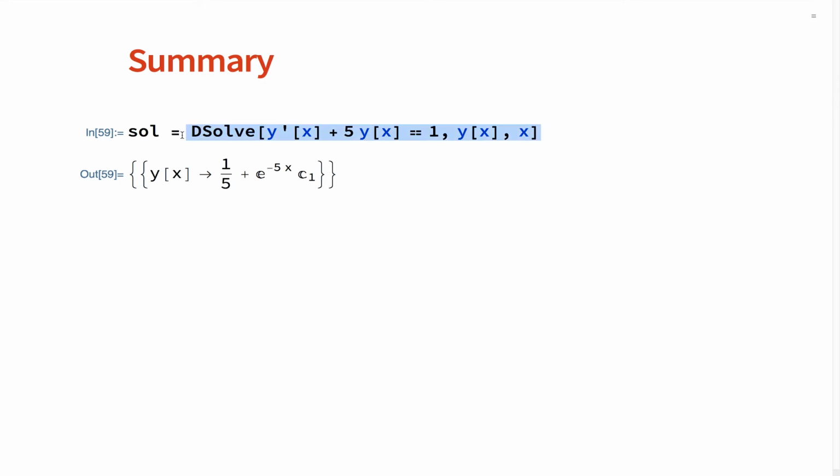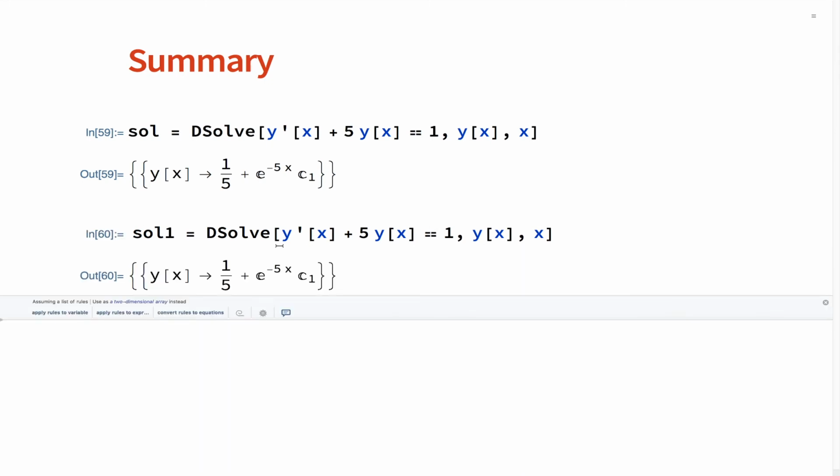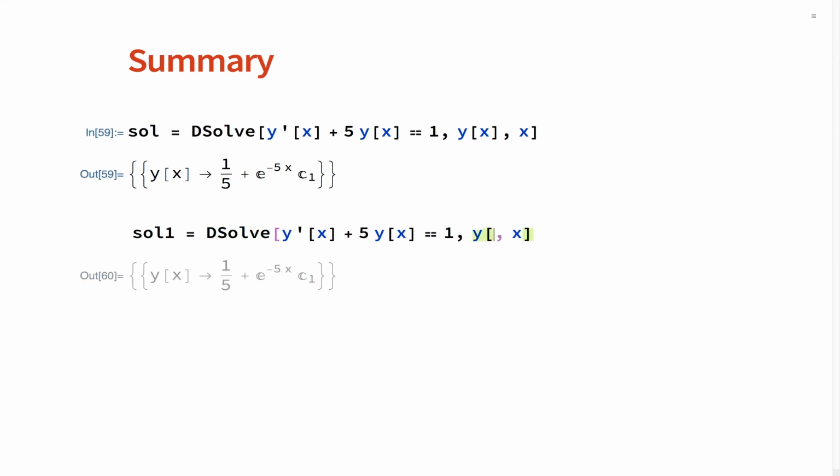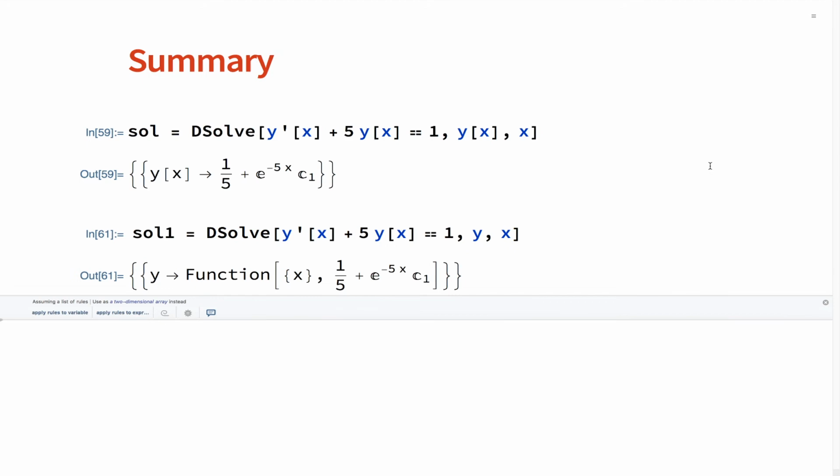So let's take this and I'll show you what the differences will be. So solution 1 is, so now I get a pure function. Now the advantage of this, I told you, is that we can use it for multiple calculations, and let's see how.